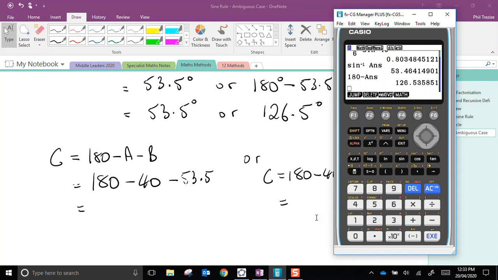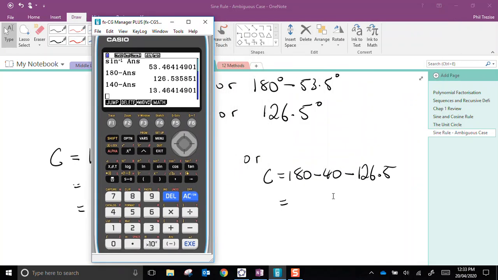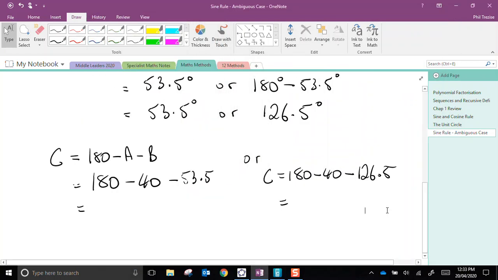Now, 180 minus 40, well, that's just 140. If I just press answer, then that's the 13.5. That's the second one. I did the second one first. So 13.5 degrees.